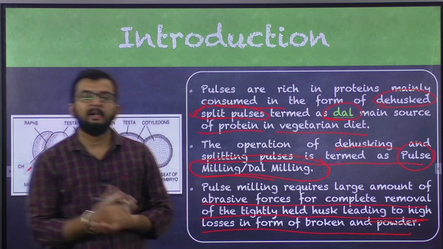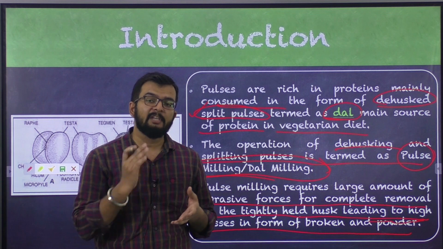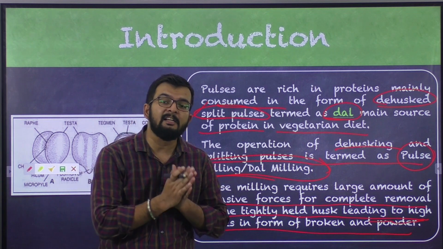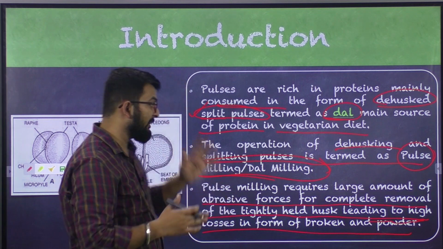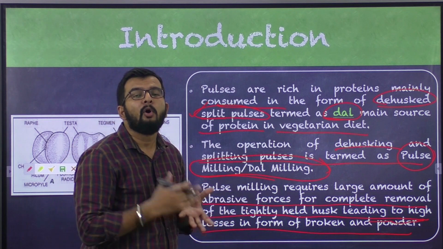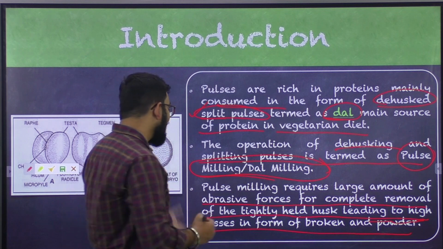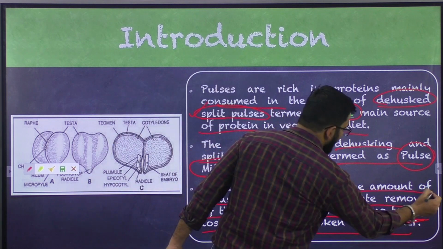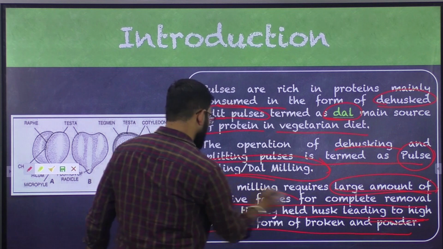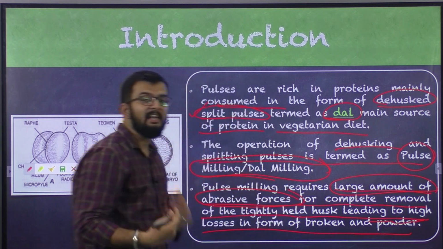The hull of the pulses is tightly attached to your cotyledons, but you need to free the cotyledons. So in order to remove the hull, we require huge amounts of abrasive forces.